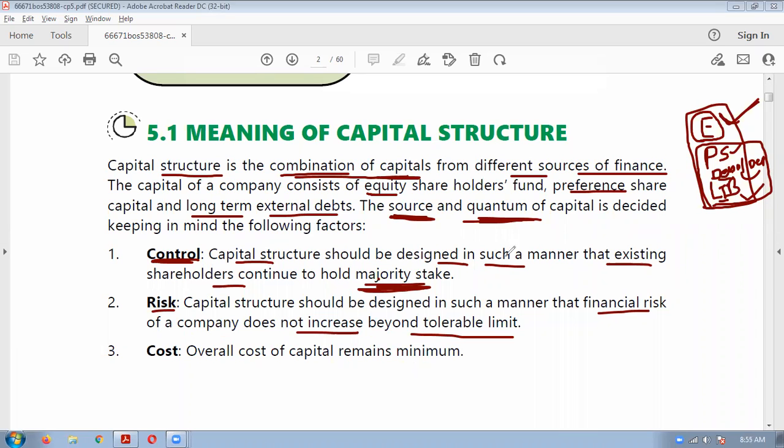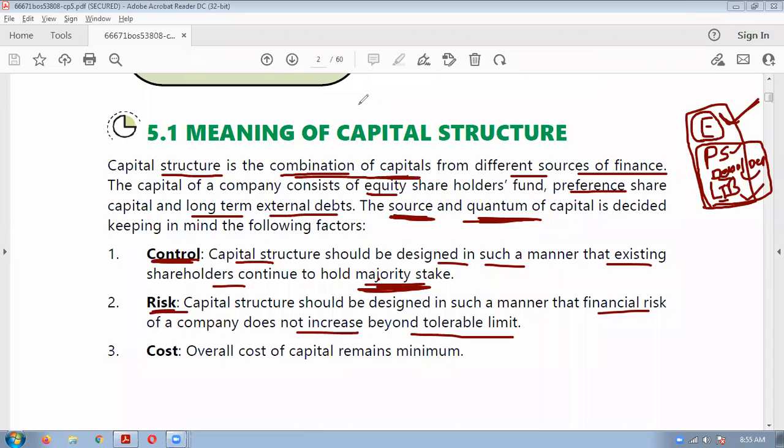This can be another factor which the company can consider before deciding its capital structure. These are all individual preferences and policies of the company, but these are the overall things which a firm should keep in mind before deciding on the capital structure.